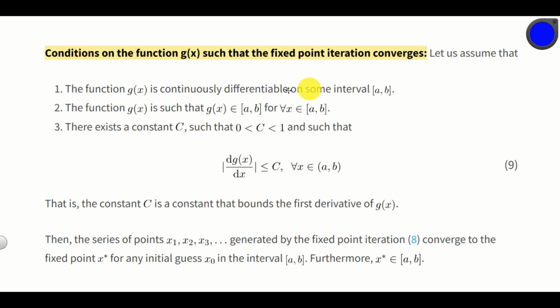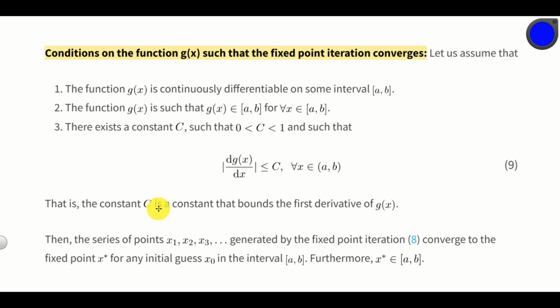Let us assume that the function g of x is continuously differentiable on some interval from a to b. The function g of x is such that g of x takes the values in this set for all x inside of this set. And then let us assume that there exists a constant c smaller than 1 and greater than 0 such that the absolute value of the first derivative of g of x is smaller than or equal to this constant for all x inside of this interval.